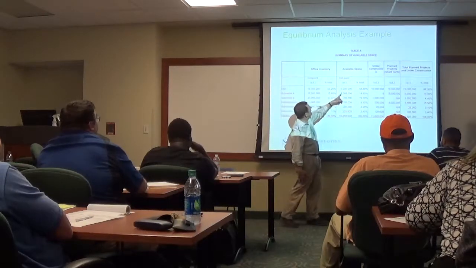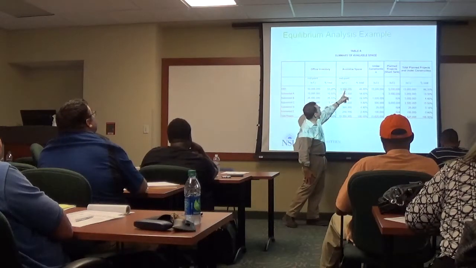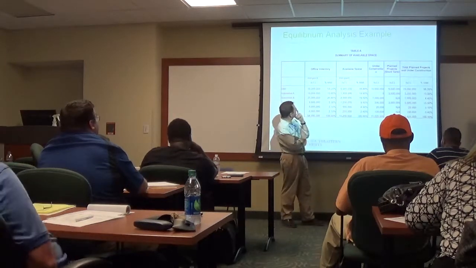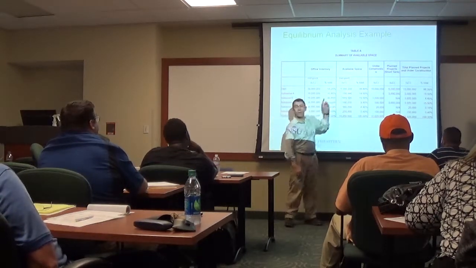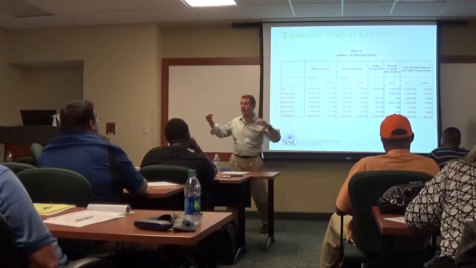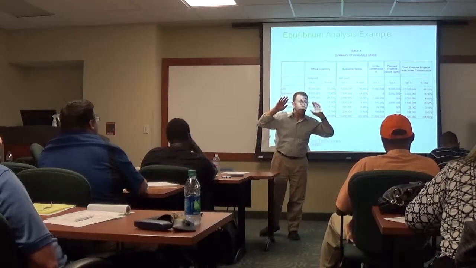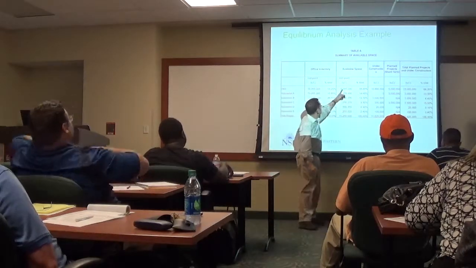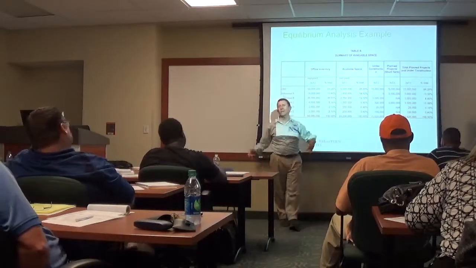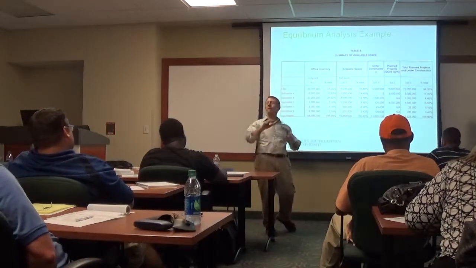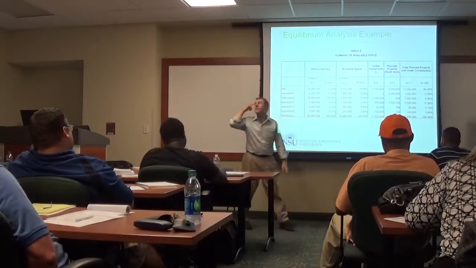And it basically has 5 million square feet available. So what's the vacancy rate right now in the CBD? 5 million divided by 50 million is 10%. You should be able to sleep through this stuff, right?